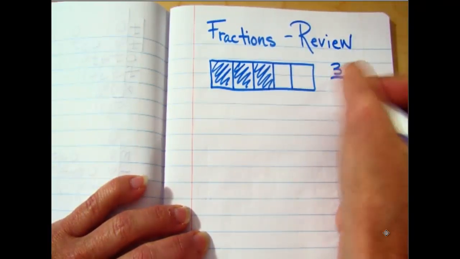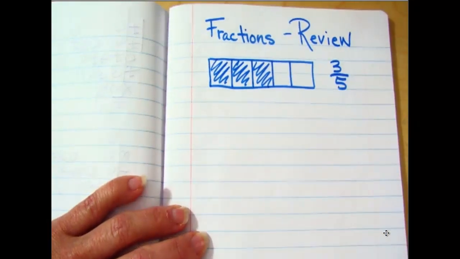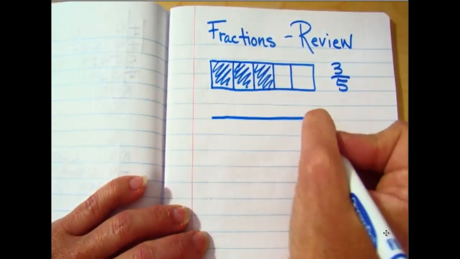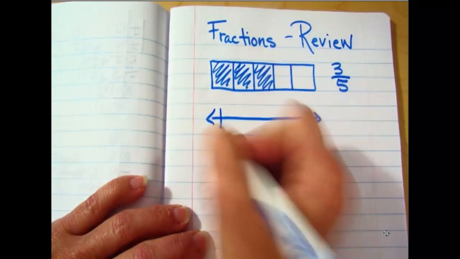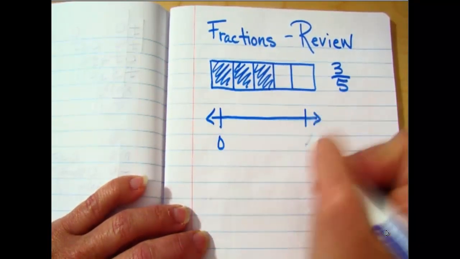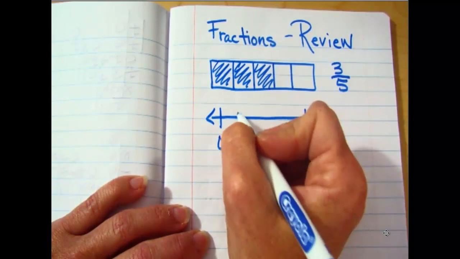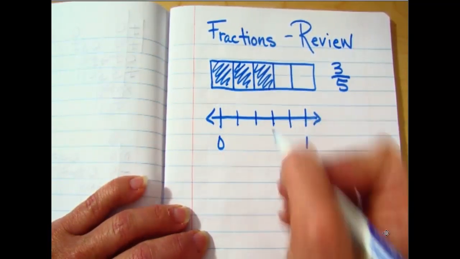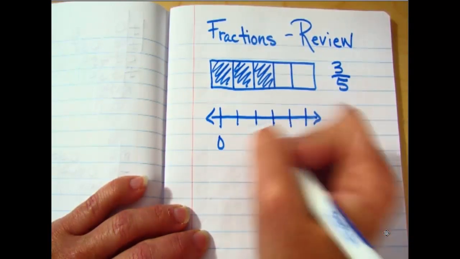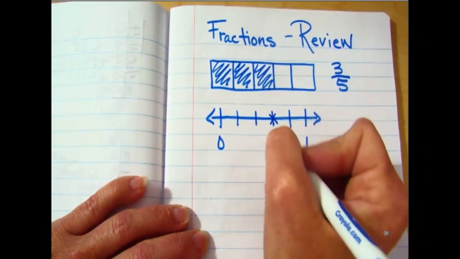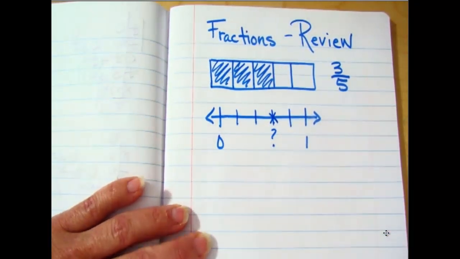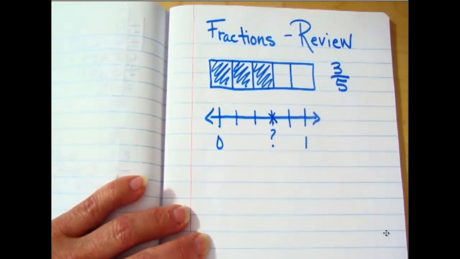So this is 3/5. What if I did this? What could that line represent there?